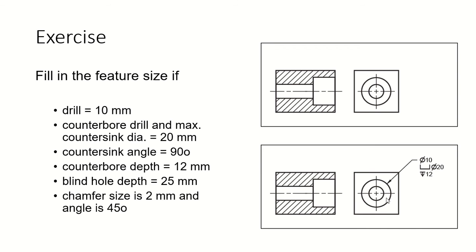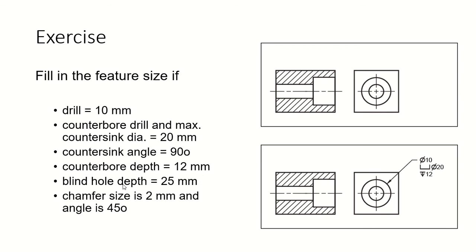Now I'm going to show you just one, right? So here, you're dealing with a counterbore right there. So I'm going to do a 10. So I put diameter 10 for this. And then this is a counterbore, so I use my counterbore symbol.